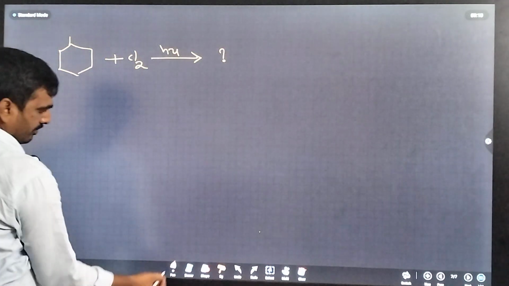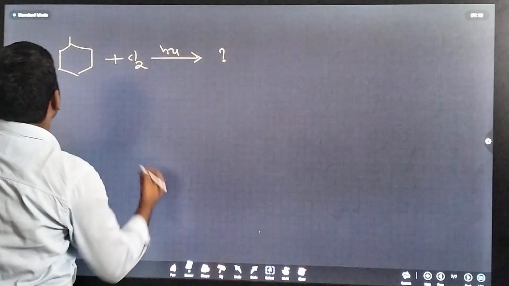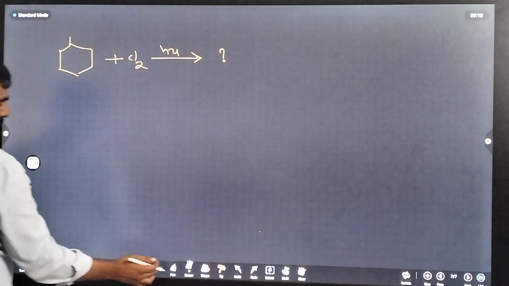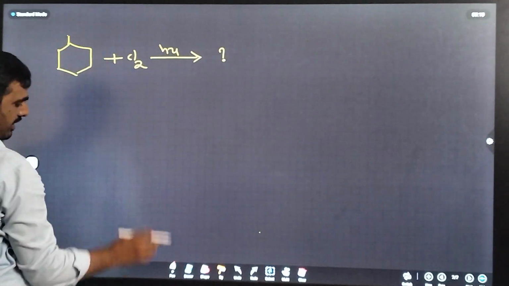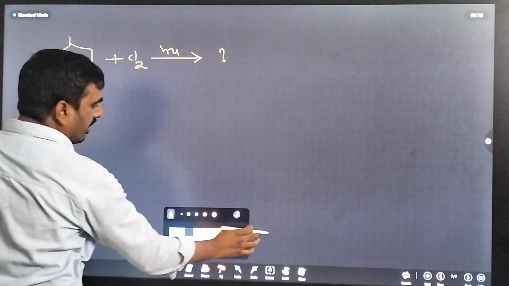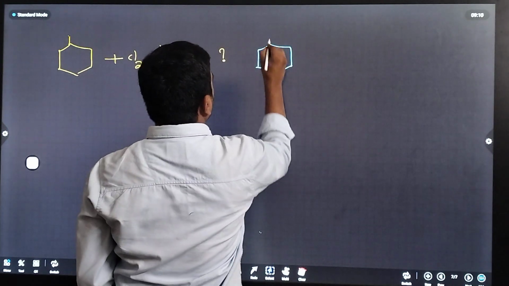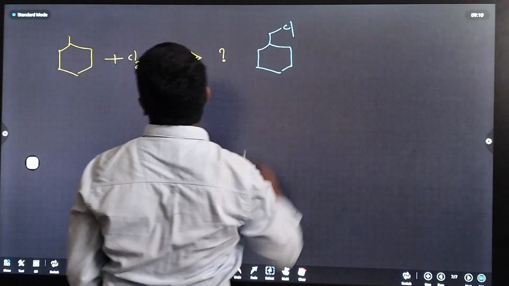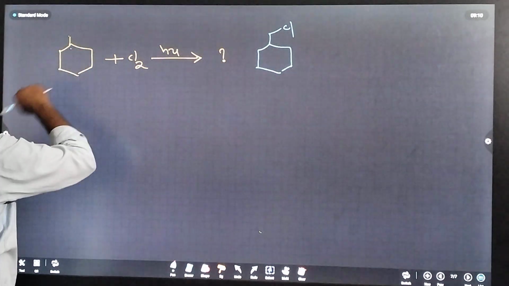So here this hydrogen is replaced by the chlorine atom, so we get one product. In this case here also one hydrogen is there.